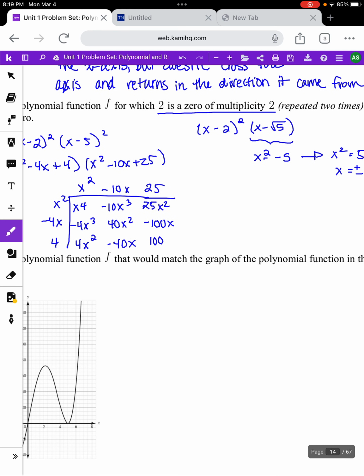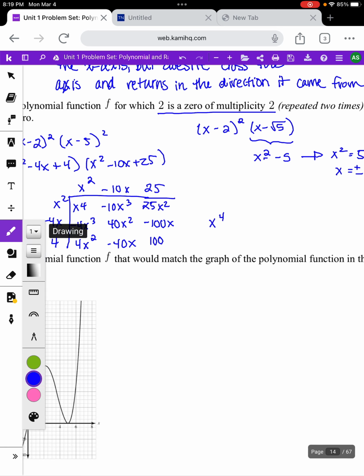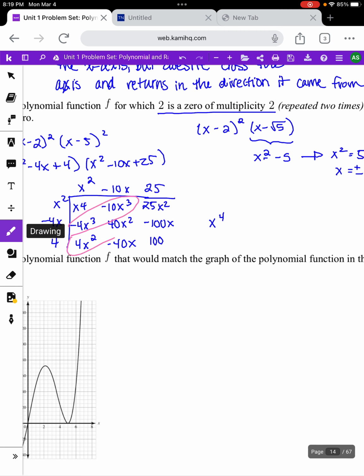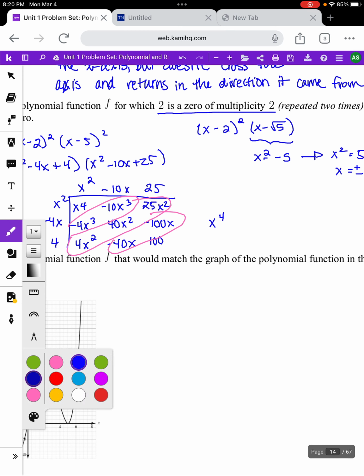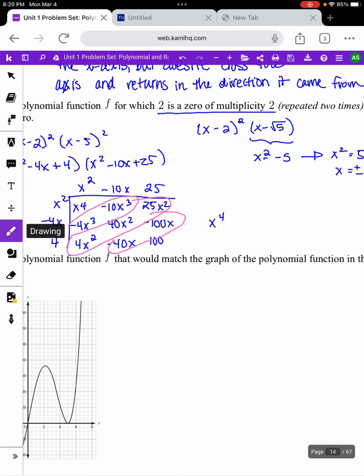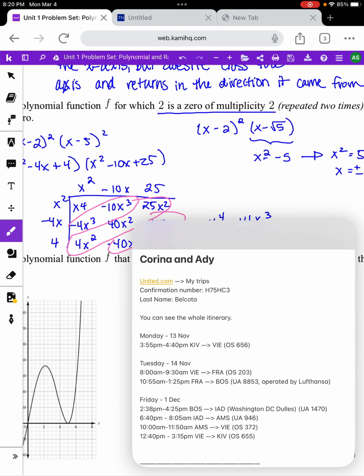Again, the diagonals are going to be the same, so I get x to the 4th. Combine these two. Minus 14x to the 3rd. 4 plus 40. Let me do this. 40 plus 25 is 65.